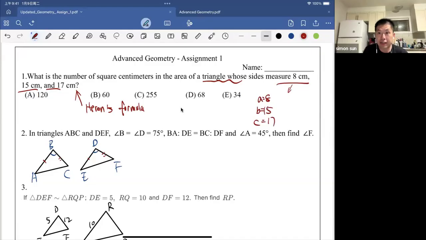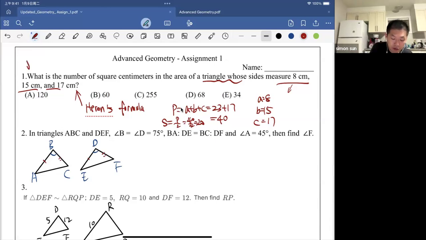First we need to calculate the perimeter of this triangle, A plus B plus C. This one is 23 plus 17, equal to 40. Okay, the perimeter is 40. So S will be equal to the perimeter over 2, which is 40 over 2, equal to 20. And then we can plug into Heron's formula.